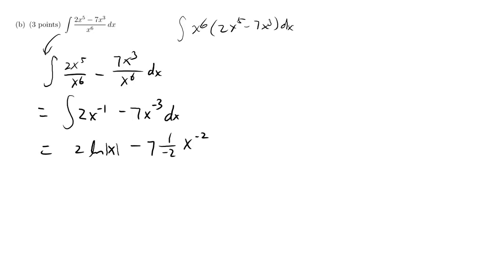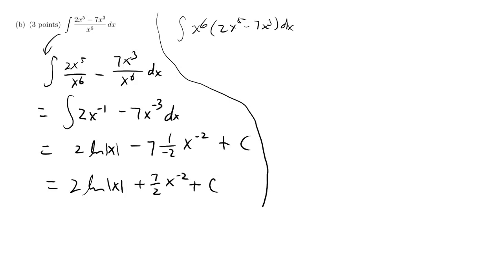It's a little time consuming to explain why it needs to be there, but just remember this. Now we have to put plus c, and we're almost done. We now have 2 ln of absolute value of x, minus minus, plus 7 over 2, so it's plus 7 over 2 x to the -2, plus c.